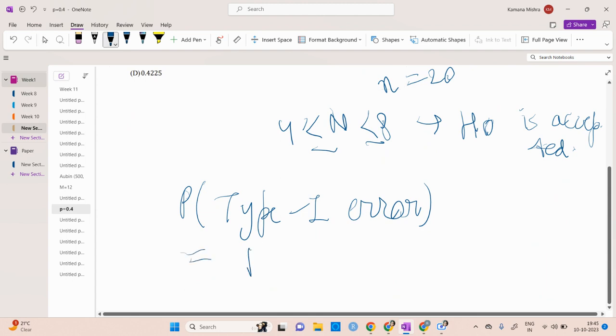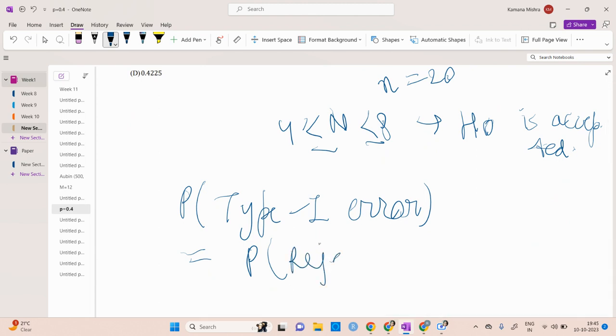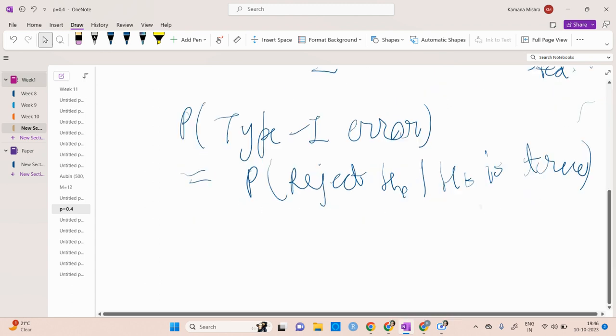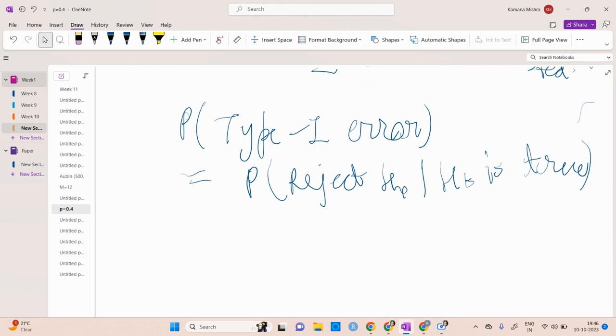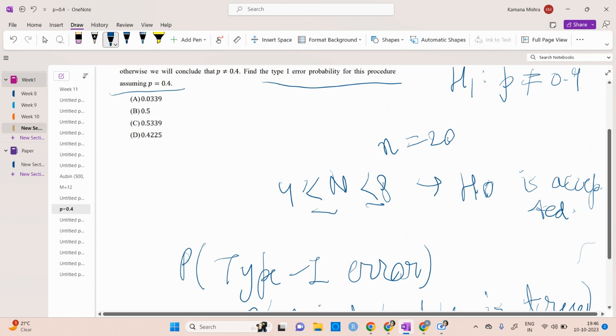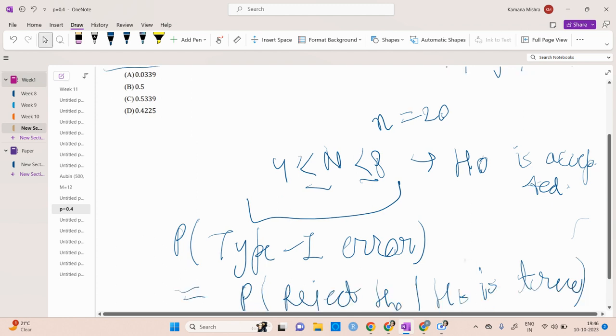So type 1 error is what? It is to reject H naught when H naught is true, right? So what does rejecting H naught when H naught is true mean? We will accept H naught if N is in between 4 to 8.